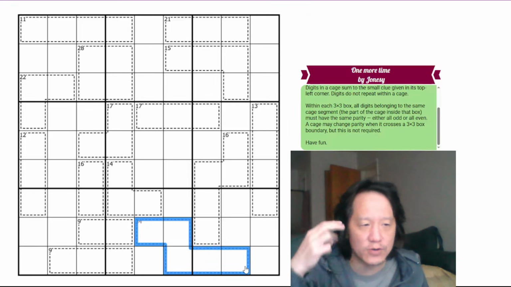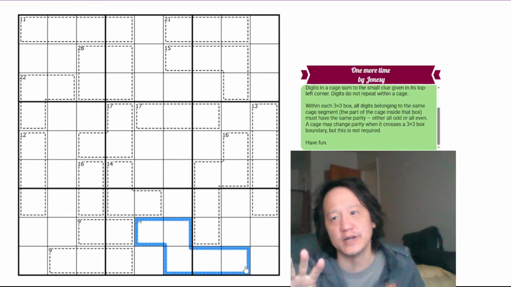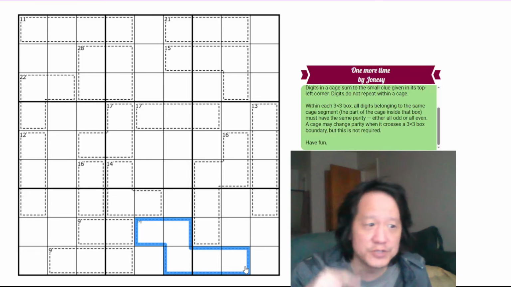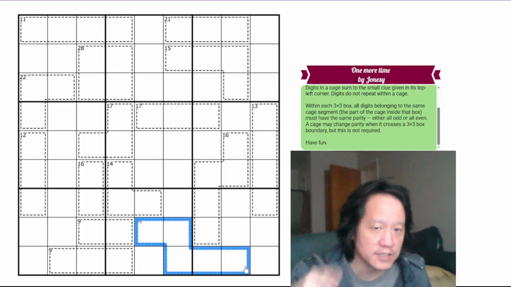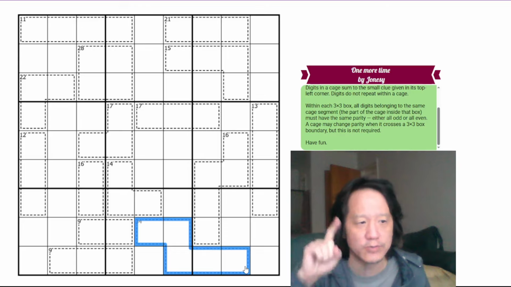Increasing 6, 7, or 8 doesn't work because 6, 7, 8 goes to 7, 8, 9, but we already have 6, 7, 8, 9 there. Increasing 4 and decreasing 7 through 9 will go through 6 through 8, which we already have in the cage.